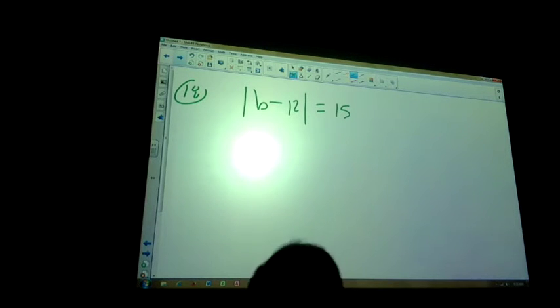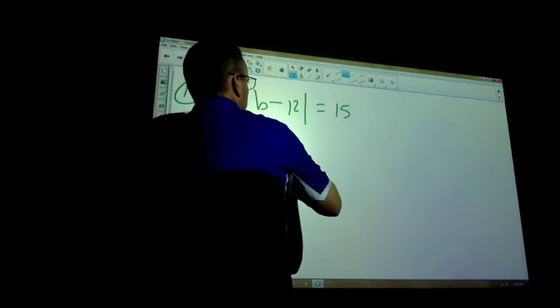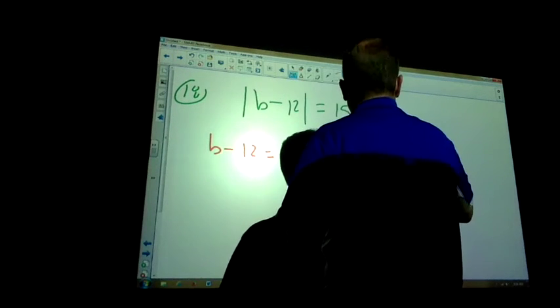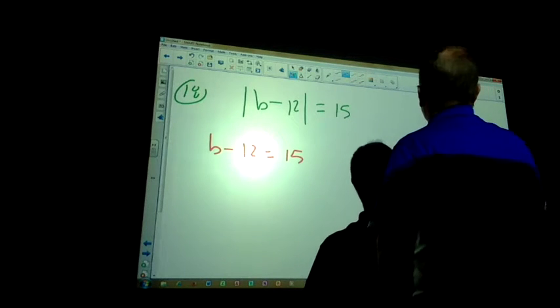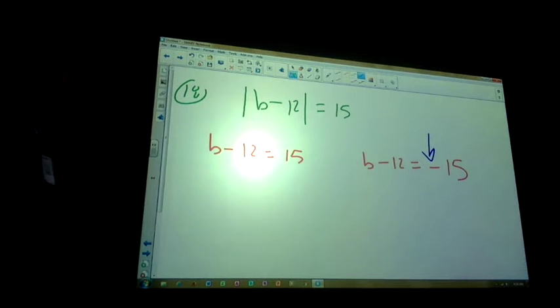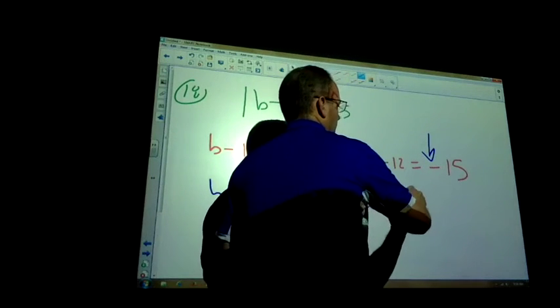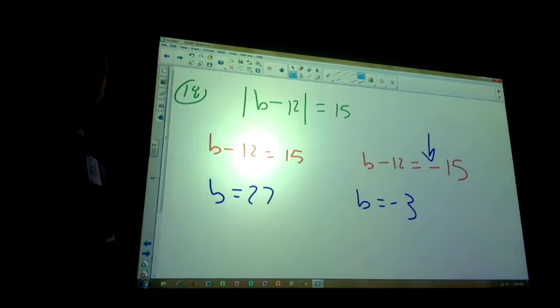Yeah. Okay, so if you recall, this is the distance away from 0, and I have to do that twice because it can happen in both directions. So remember, you have to modify the sign on the simpler of the sides. So this will give me b equals 27 and b equals -3. And there's my 2 answers.